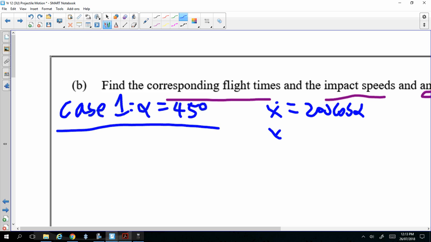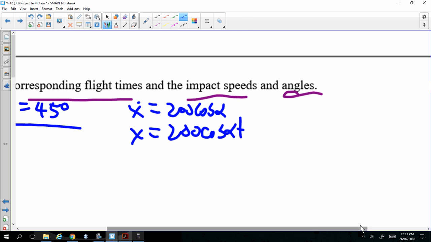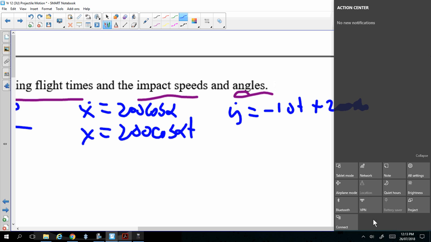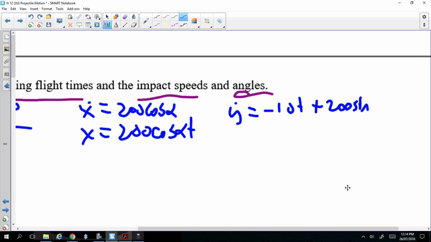So y dot equal to negative 10t plus 200 sine alpha, and then y equal to negative 5t squared plus 200 sine alpha t. Okay, good. So now we have to update it with 45 degrees substituted.